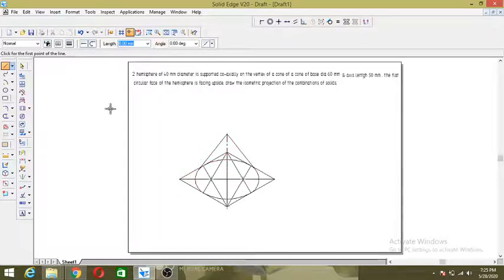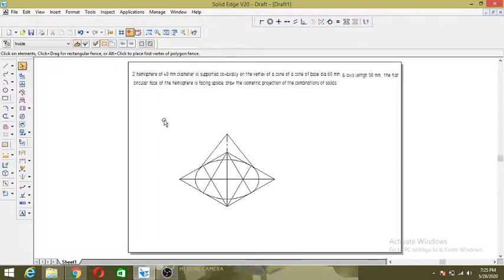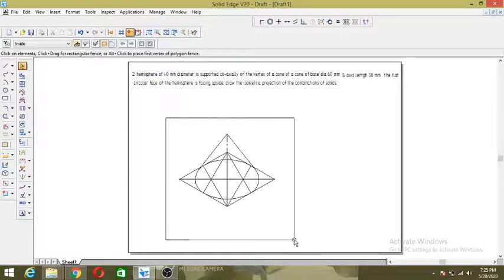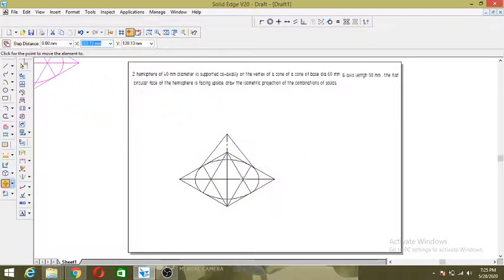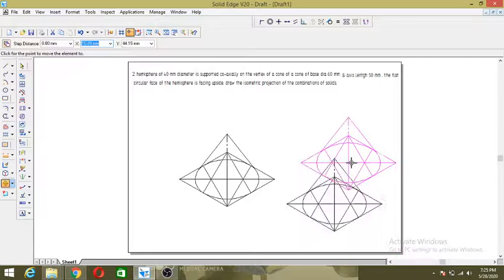After constructing this, what you have to do? Just move this. This is a regular scale cone. On this vertex we are going to place the hemisphere of 40 mm diameter. So what I am going to do, I am going to move this. Turn on the copy command and place it here.